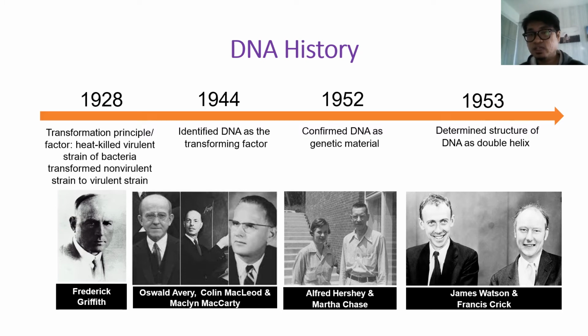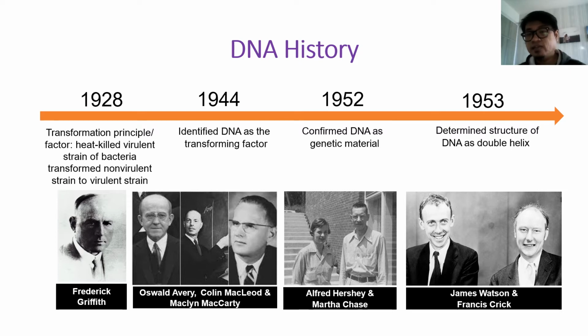They found that only the green color was found in the bacteria, not the red color, meaning that the red color representing the protein, there's no protein inside. There's only the green color, meaning that the DNA only has been transferred into the bacteria, but not the protein. So they concluded that the DNA is the genetic material that can be transferred into other organisms.